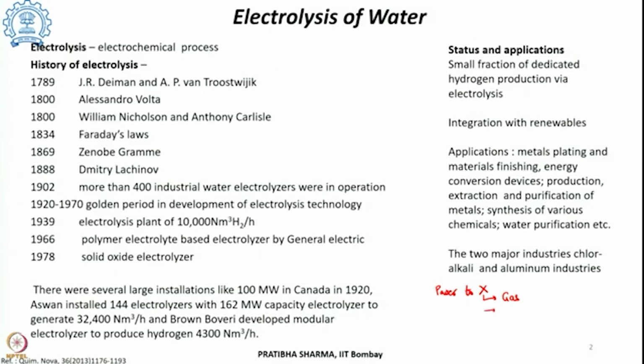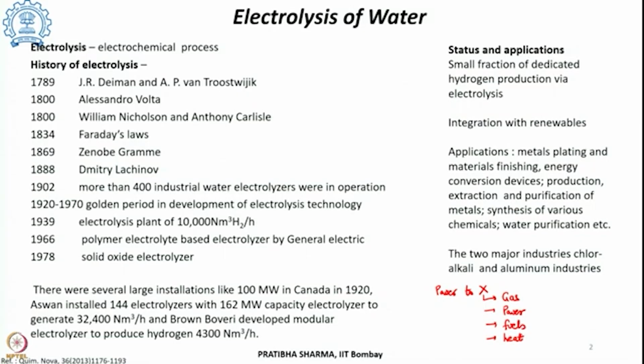Or it can be power to power, where the hydrogen which is being produced can be used in a fuel cell to produce power again. It can be power to fuels, where the hydrogen produced can be used for producing liquid fuels, or power to heat, where power is used to produce hydrogen to produce heat. So, it offers a wide variety of possibilities when integrated with renewable energy systems.